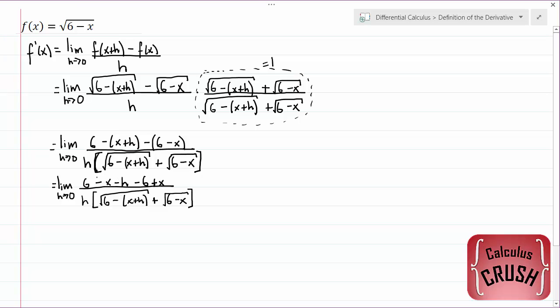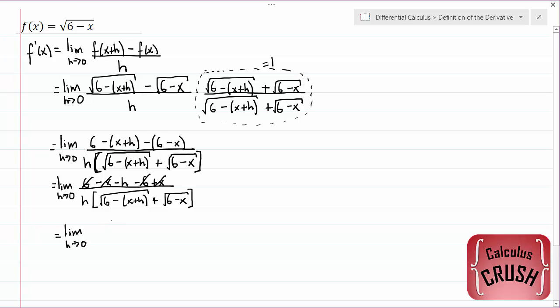All right, so let's cancel out some stuff on the top here. Well, we've got a positive 6 and a negative 6, a negative x and a positive x, and all we're left over with is a minus h. The limit as h goes to 0.